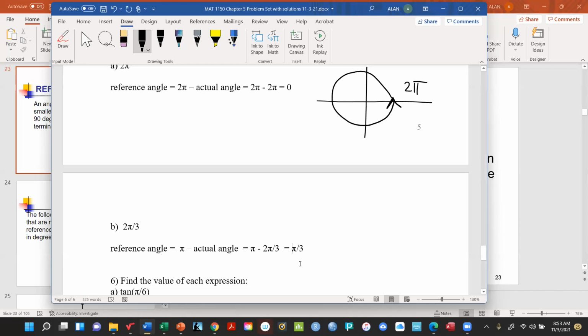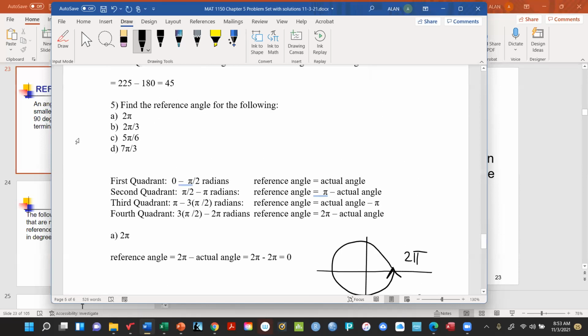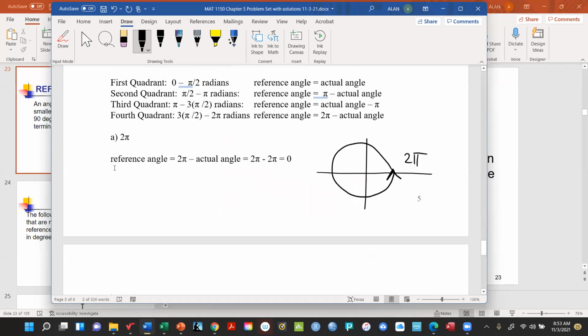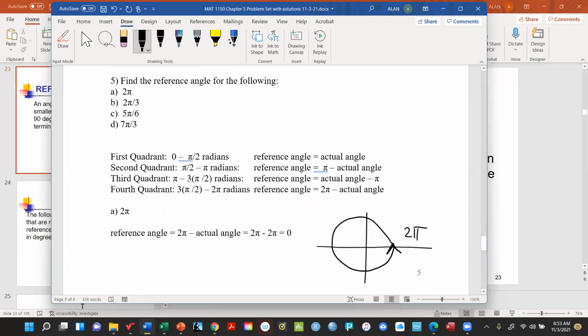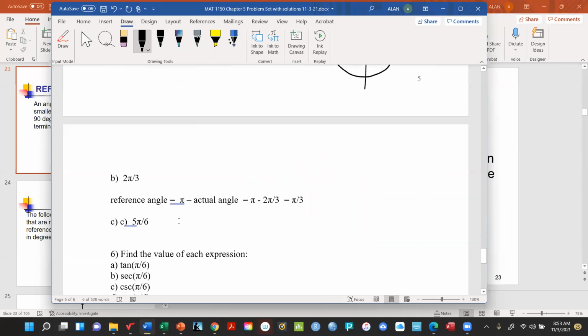All right. And then what about C? They're asking us for the reference angle for 5 pi over 6. So 5 pi over 6, again, is between half of pi over 2 and pi. It's in the second quadrant. So it's just like this one. We're just subtracting.